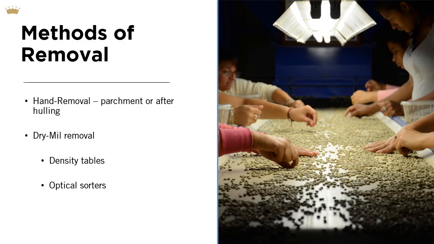A density table, which is actually covered in Chapter 2 of this series, will help separate foreign objects, chipped pieces, and other low-density coffee from the good stuff by vibrating at a particular angle and frequency. The other main device would be an optical color sorter, which are becoming increasingly sophisticated and can use laser and other computer-driven technology to remove discolored coffee within a specified tolerance.